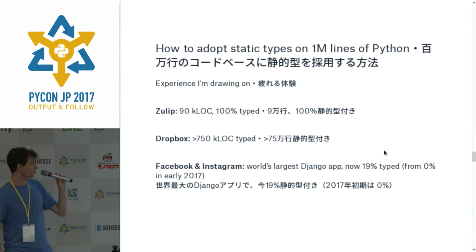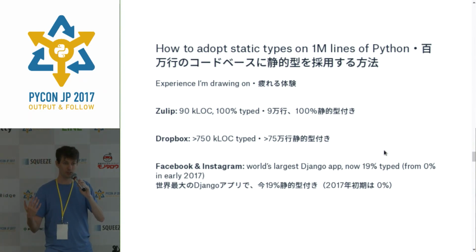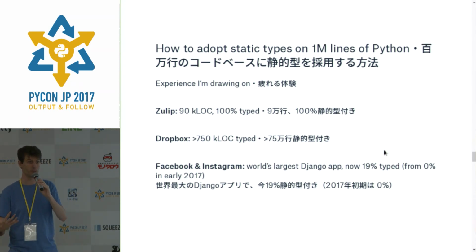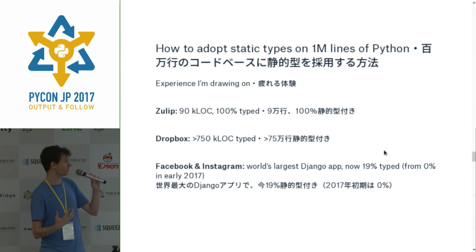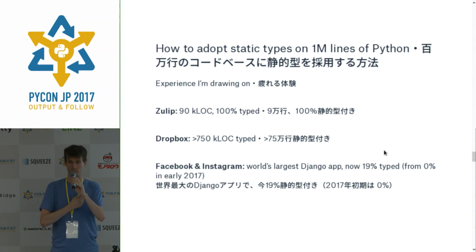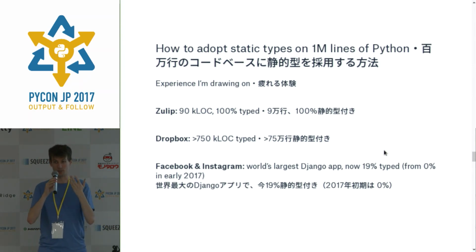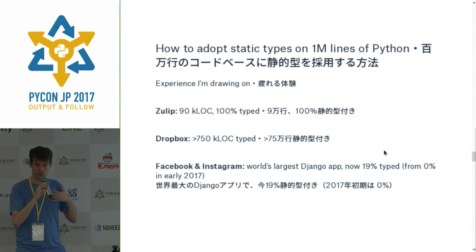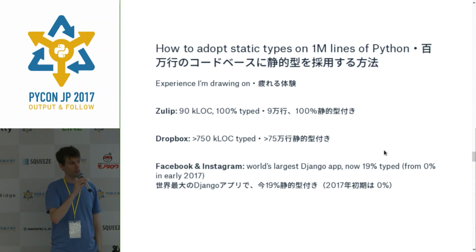And just to tell you briefly the sort of data I'm drawing on here. So Dropbox, as I said, invested in making all of this possible in the first place with Guido and others working full time, and it's now pushing 1 million lines. This number is several months old, so I don't know how much more it is because I left. Zulip, the open source group chat tool I work on now, is close to 100,000 lines, and it's 100% typed.